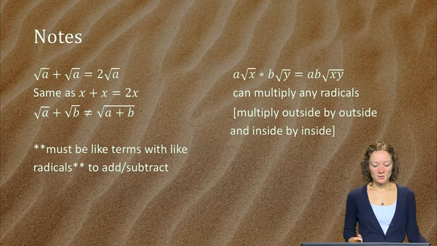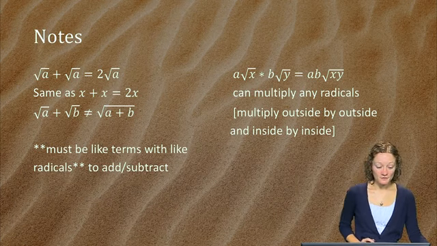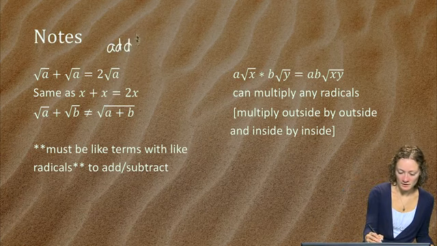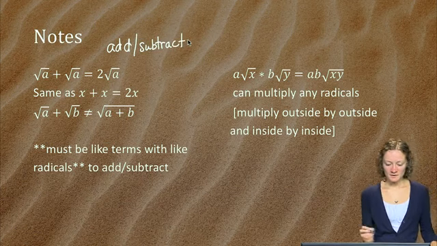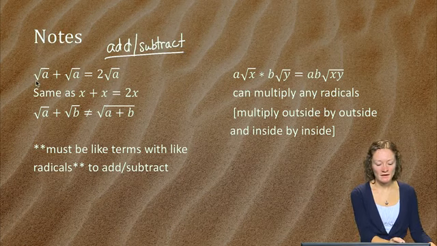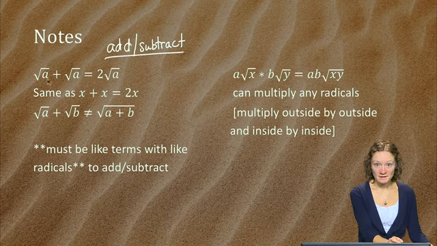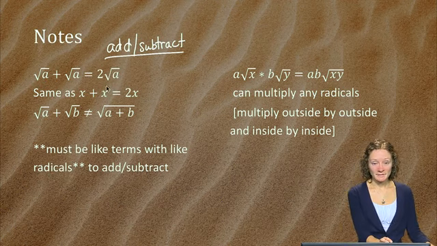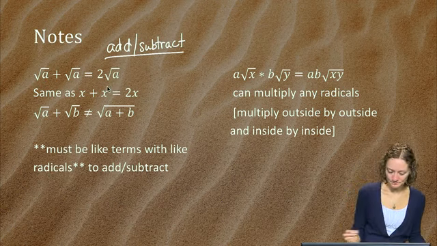Here are the notes that go with this section. The first are our addition notes, so this is for add or subtract. And so the rule basically is if you have like radicals, meaning the same exact index of radical with the same exact stuff inside, variables and everything inside and variables outside, you can combine them together like they were like terms.